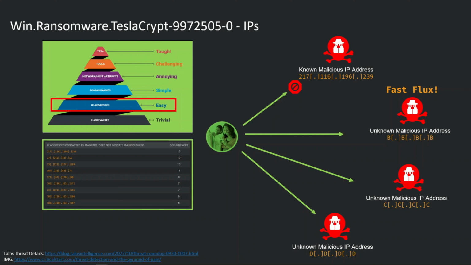Now, could you have technology to help you identify this? Certainly. But if you're taking the IP address and you're blocking it, as long as nothing changes, you've blocked that threat. But most likely the adversary is going to overcome that control, and they're going to do it fairly easily. Fast flux is an example of that. Now the control, again, is bypassed.